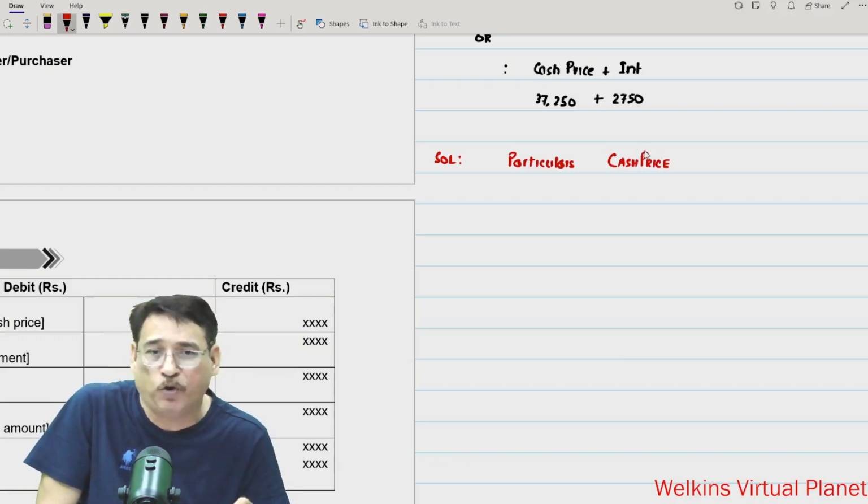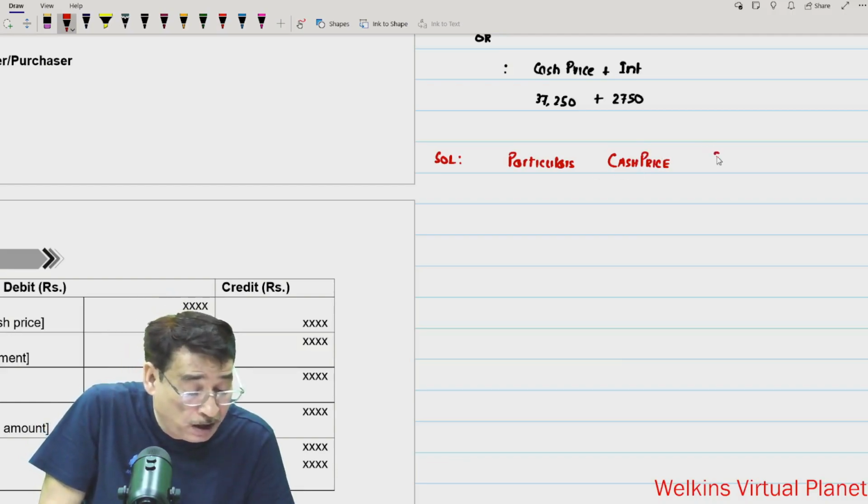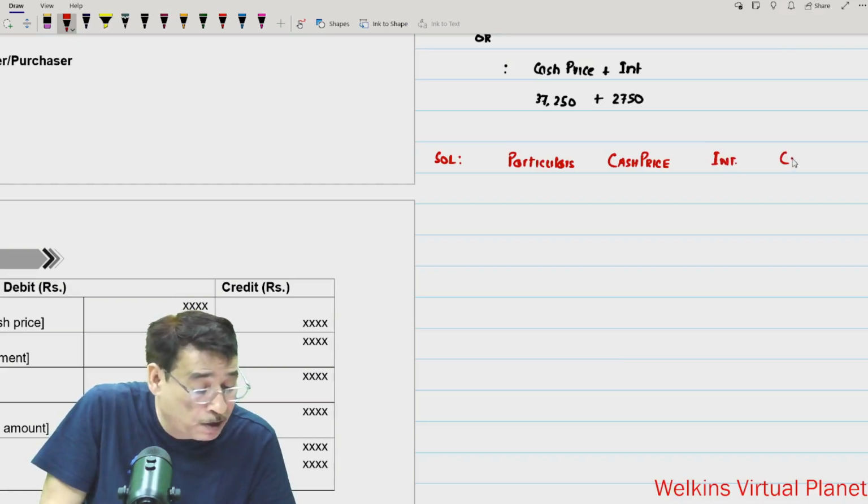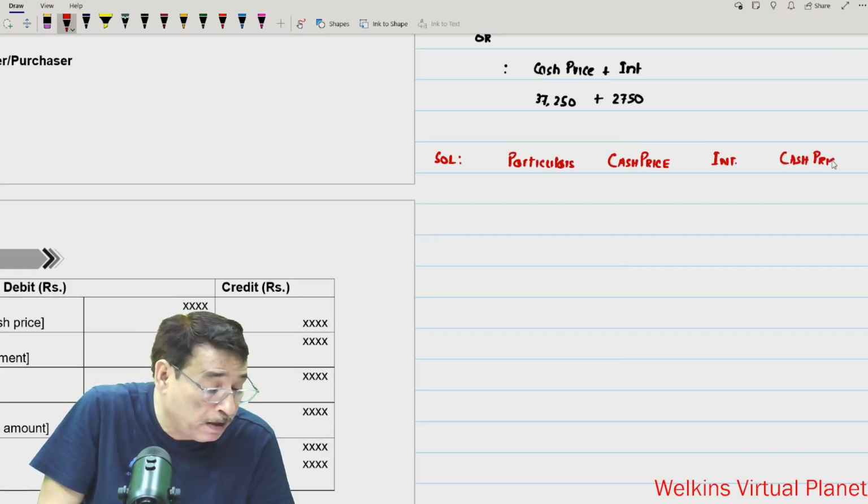Although we will have to write cash price, we cannot write cost price, correct? Then interest. And then you write here cash price portion. It's a pretty long word. Cash price portion. Try to understand.